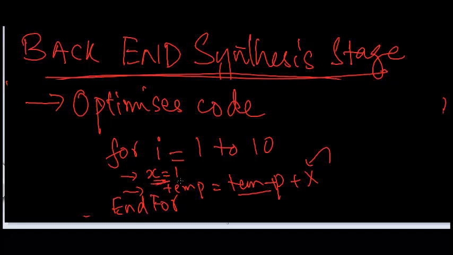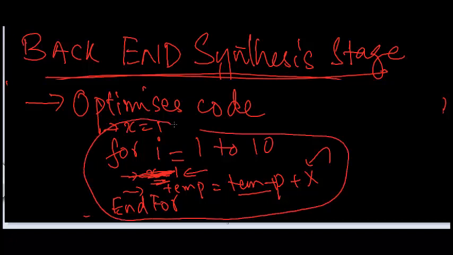As we can see, the value of x will be set equal to 1 10 times unnecessarily. Why can't we shift this x is equal to 1 outside the loop, so that this gets executed once only? So these kind of things are part of code optimization that is also done during the back-end synthesis stage. I hope you've understood how all of these stages work during the compilation of a program.